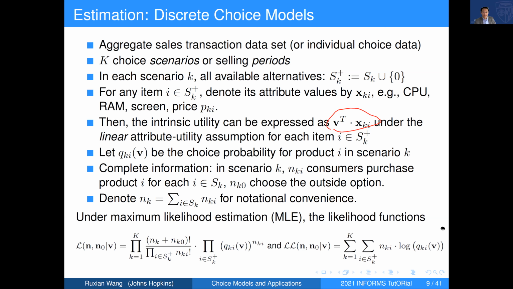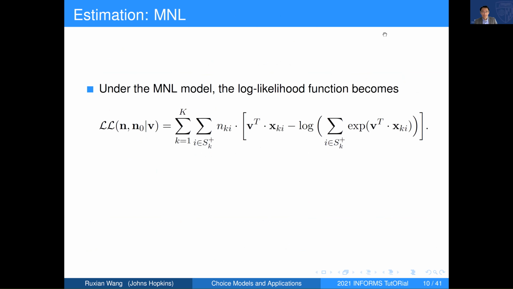And we can write down the likelihood function and also the log likelihood function for general choice models. Actually, for the MNL, the log likelihood function becomes much simpler. You can see here is the log likelihood function.